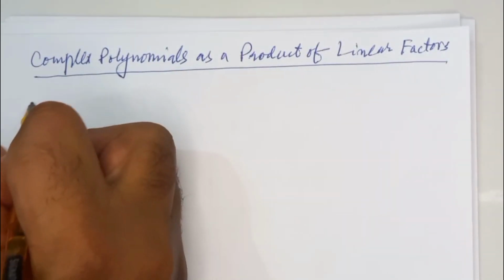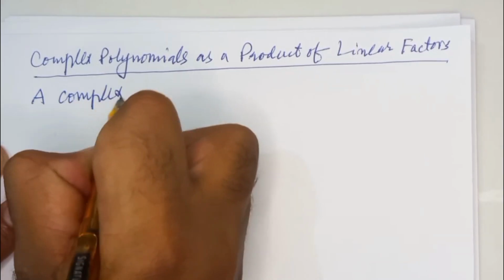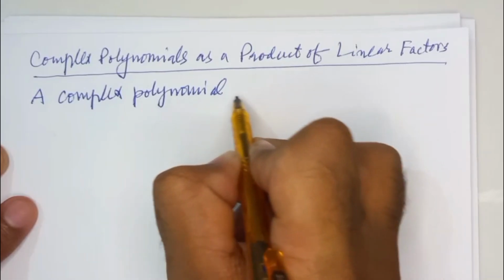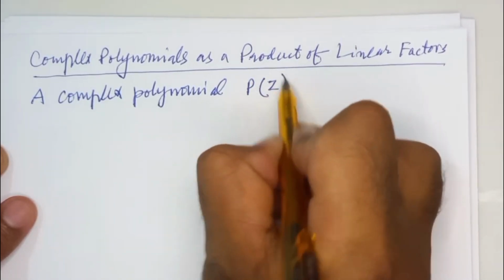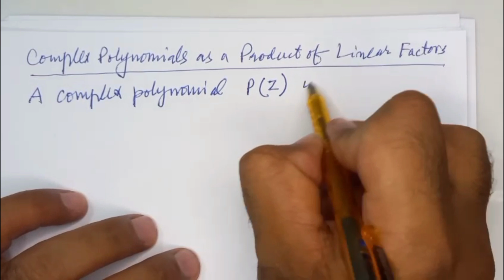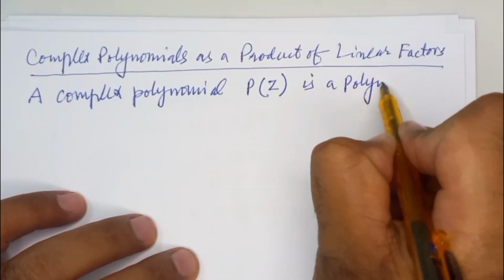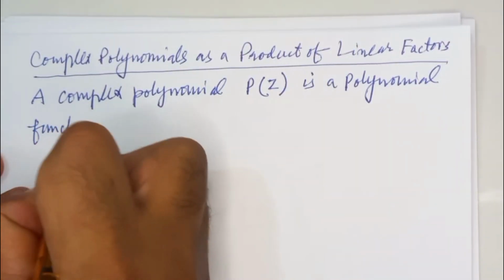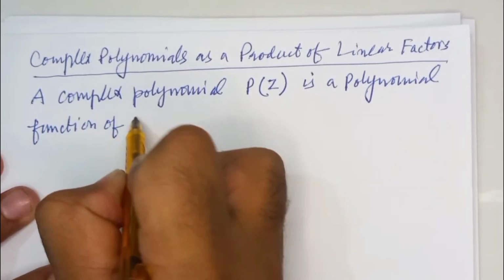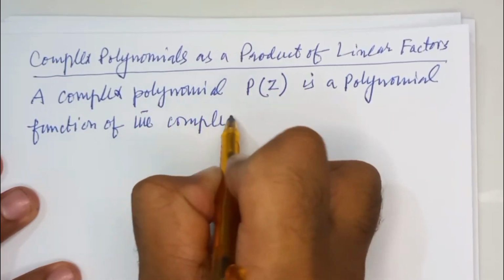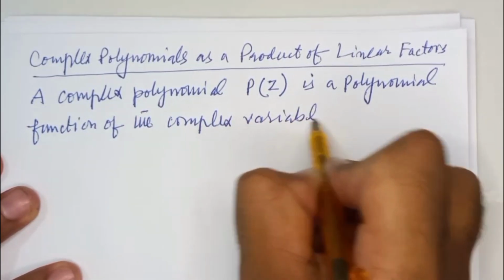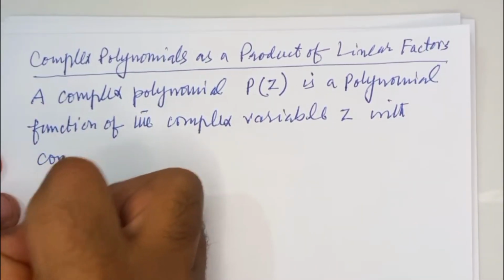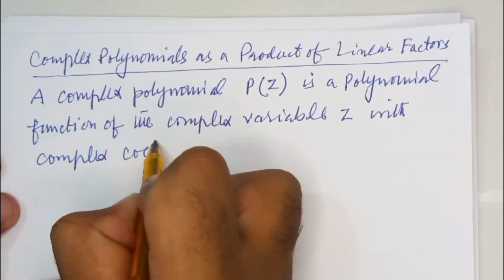So a complex polynomial, we denote it as a polynomial in Z, is a polynomial function of the complex variable Z with complex coefficients.